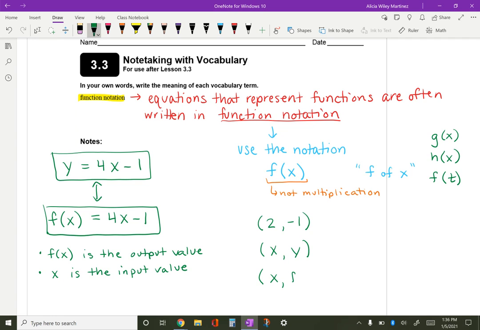So it could be written as x comma f of x. One thing that we're going to be talking about today is the idea that because of all of this, we know that saying y or f of x is exactly the same thing. So f of x as a whole entire value is the same as saying y.